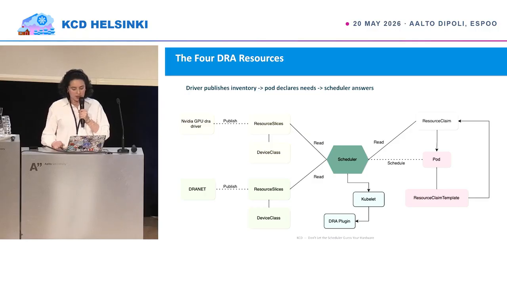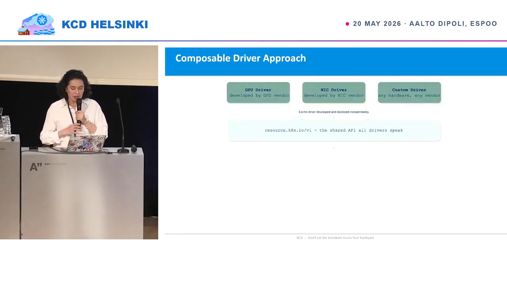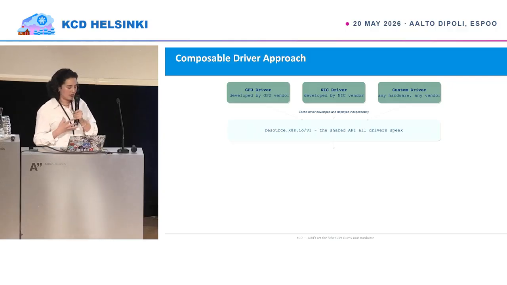So this is the whole model. This is the approach. Topology is now visible to the scheduler, and we can make the right decisions based on the full picture that is available in the different resource slices. One important thing about DRA is that the drivers don't need any coordination between each other.